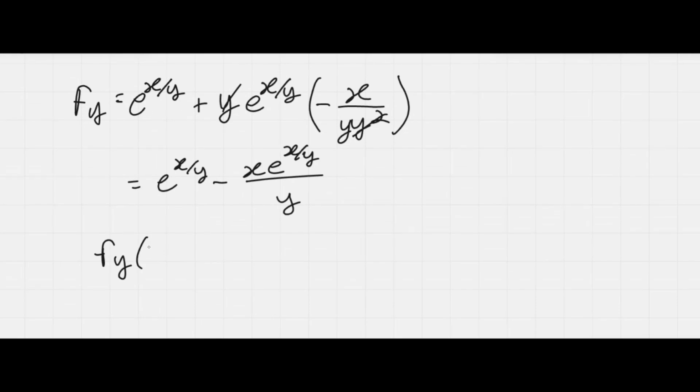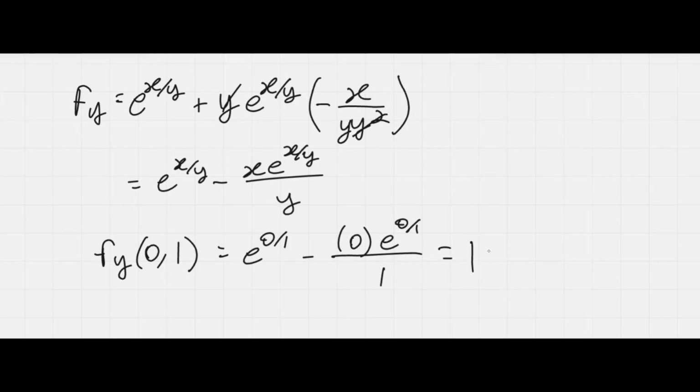So, f sub y at the point (0, 1) is essentially going to be equal to e to the power of 0 over 1, minus 0 times e to the power of 0 over 1, all over 1. Alright, so this all checks out. E to the power of 0 is basically just 1, and since there's 0 over here already, we can just say that it's 0. And so hence 1 minus 0 is just 1, and so that is the solution to that final problem.